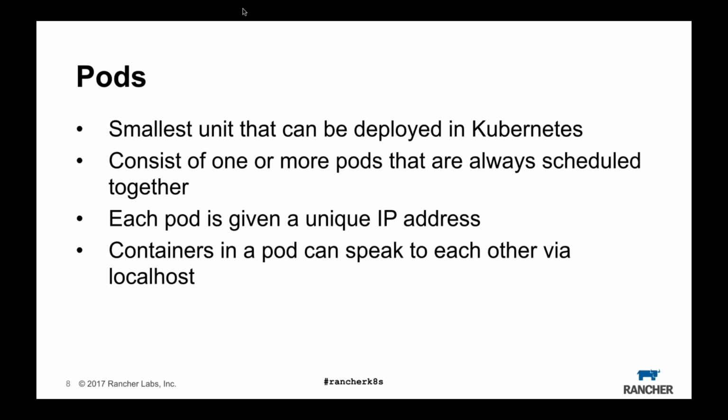As I was saying, these containers are tightly coupled, so they also have shared storage volumes and network namespace, which means that these containers share the IP address of the pod and also the port space. That's why they can find each other and communicate with each other via localhost.